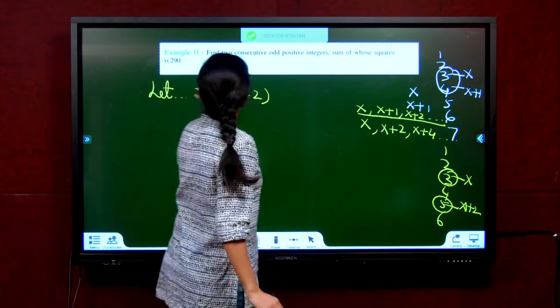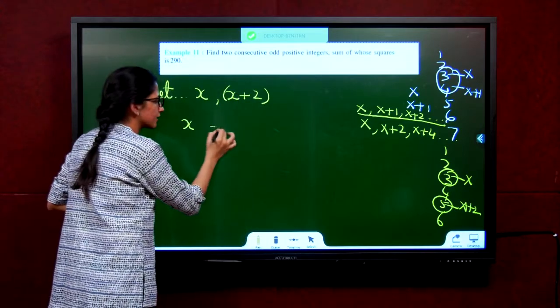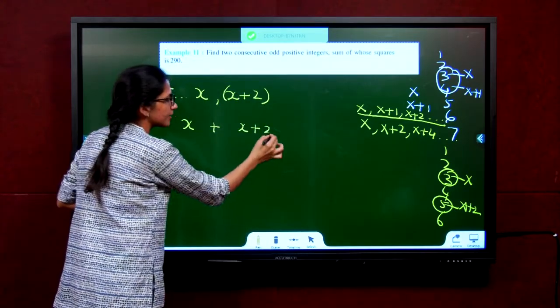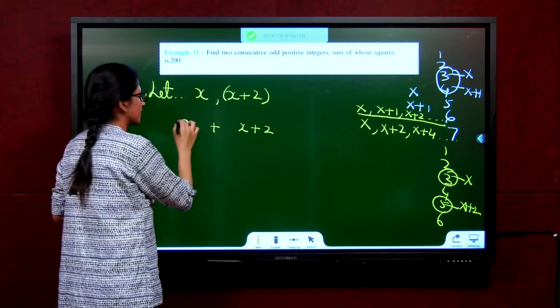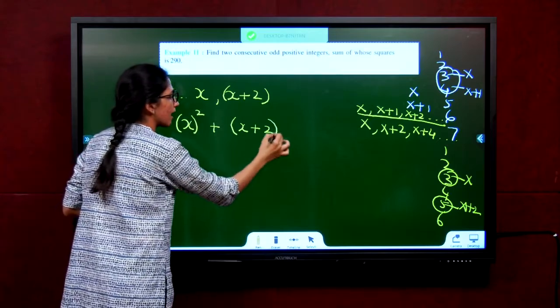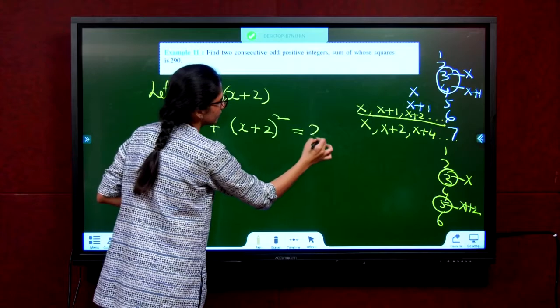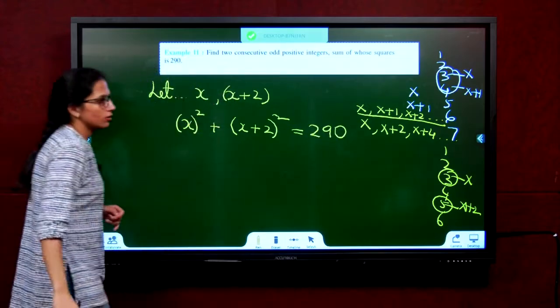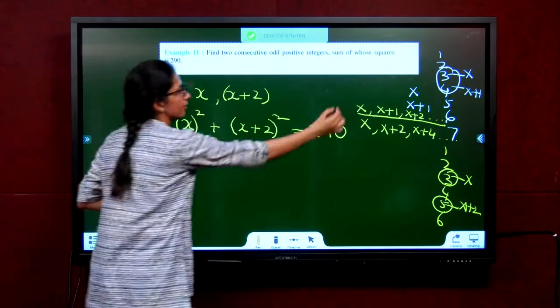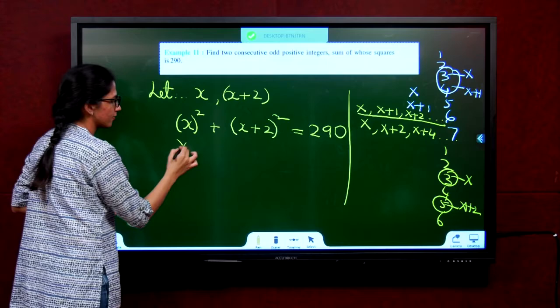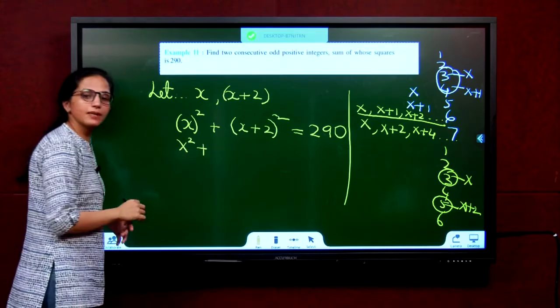Sum of whose squares? They are not asking for a normal sum. They are asking for their squares. So, add their squares. It is 290. So now, open brackets, x square plus x plus 2 the whole square.